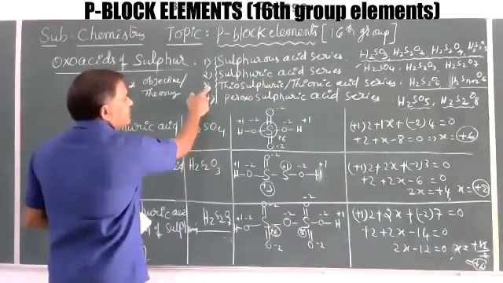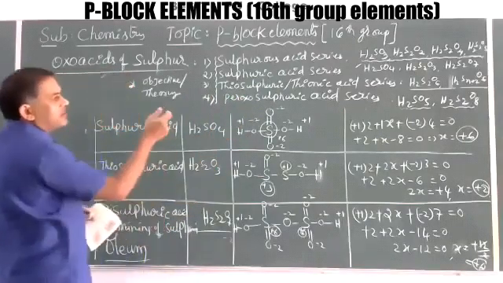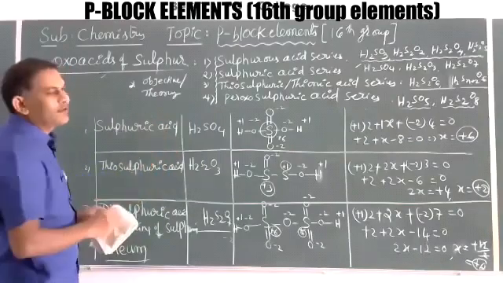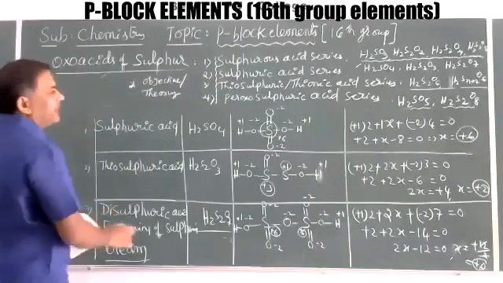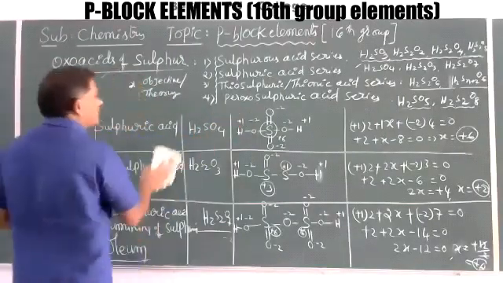Last but one, the third, is the thionic acid series. In thionic acids, a sulfur linkage exists, the thio group. Peroxo means a peroxide linkage is there, where an oxygen-oxygen single bond exists.